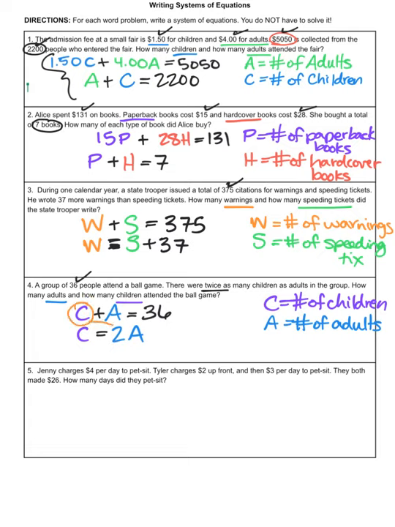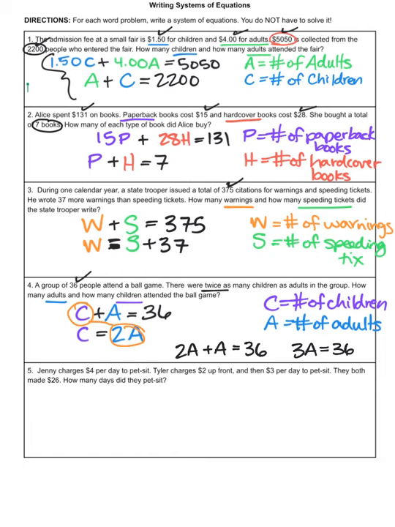Instead of C, I'm going to write 2A. So rewriting it down here, I would have 2A plus A equals 36. Now I can solve this because I have only the same variable, 2A plus A. Well, that's combining like terms. That's 3A. So I now have 3A equals 36.